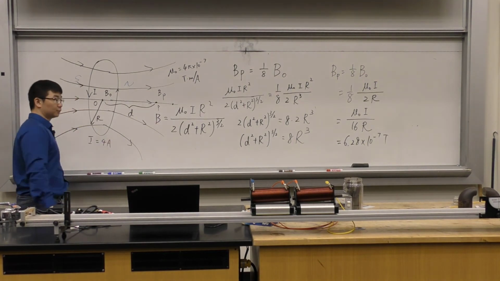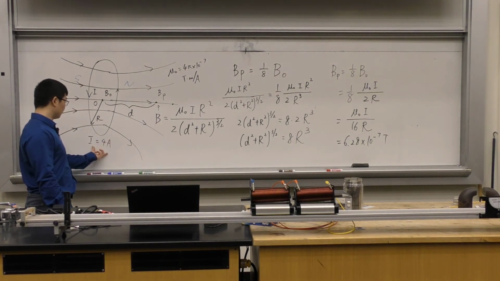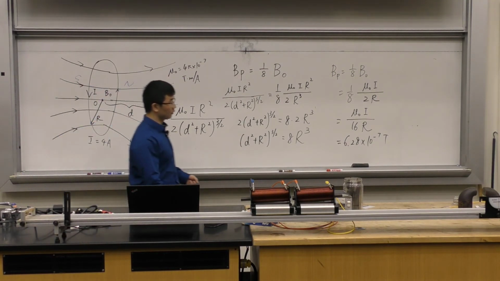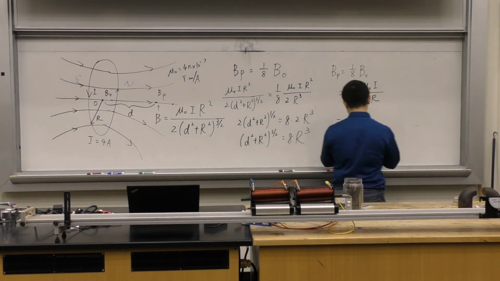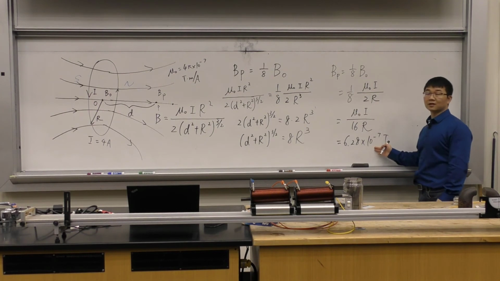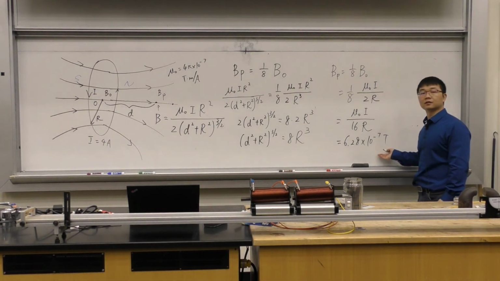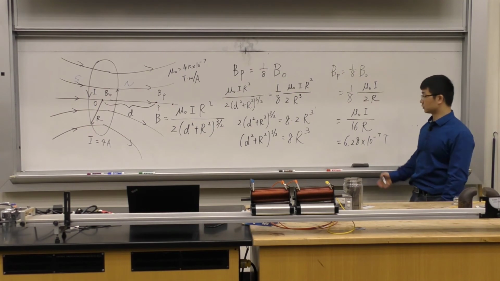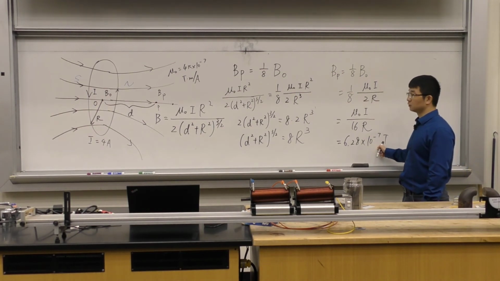With a 4 amp current, you can create a magnetic field of 10 to the negative 7. This is too weak, even weaker than the magnetic field from the Earth. It's not going to do anything. Even the Earth's magnetic field is going to dominate.